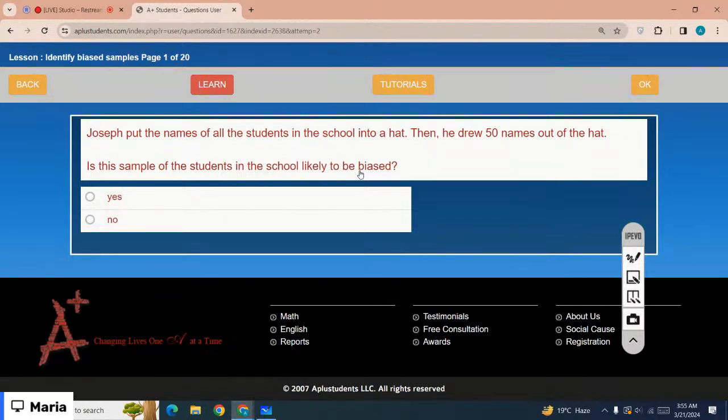Some of the names have more chances to be chosen, right? So the correct option is this isn't biased data. The correct option is no, right?